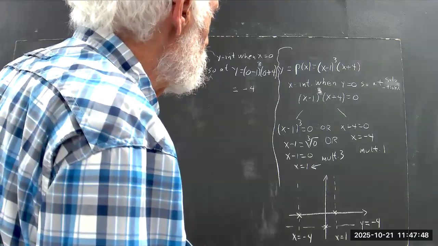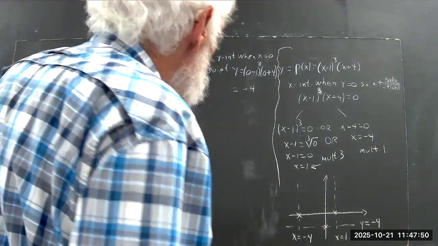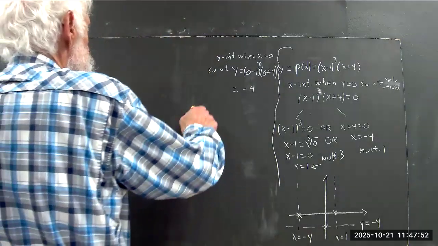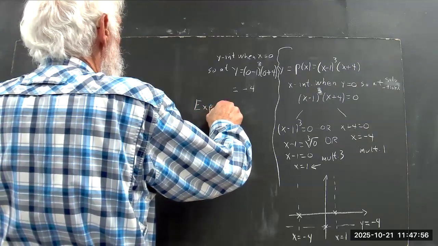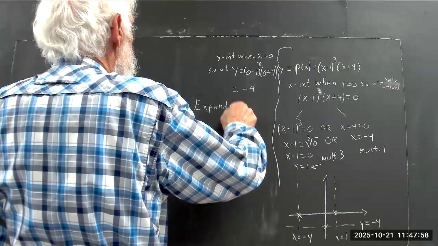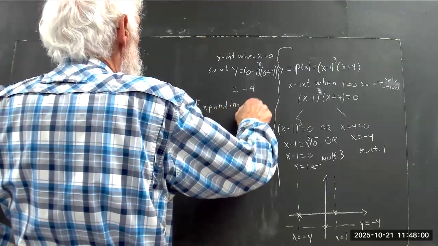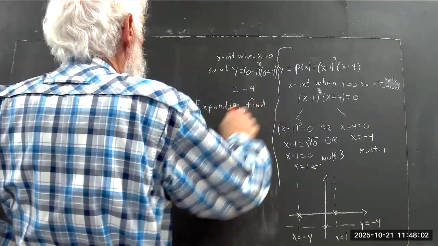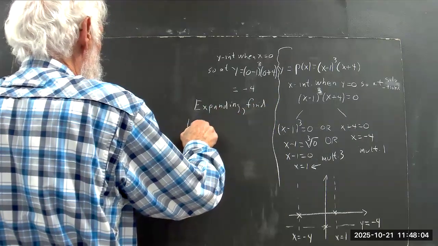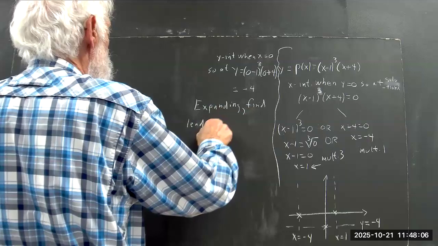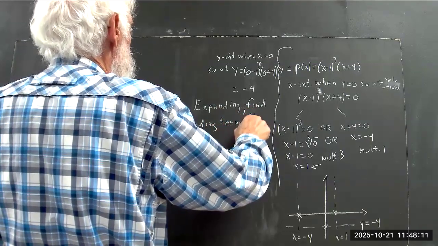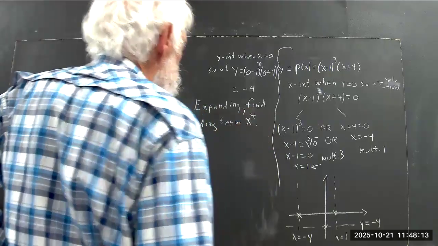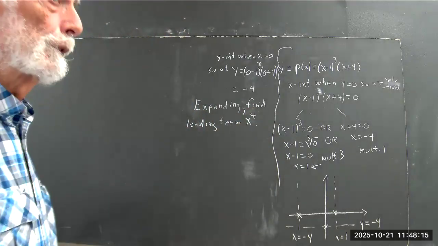Now, what's the curve going to look like overall? Okay, well, find that the leading term is x to the 4th.